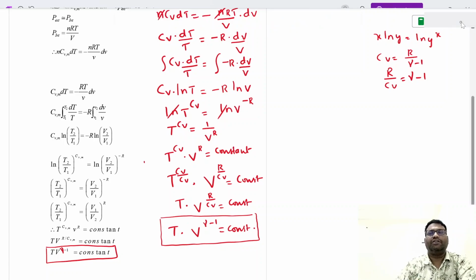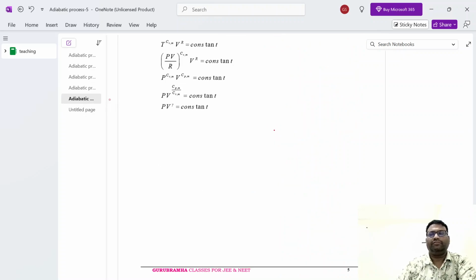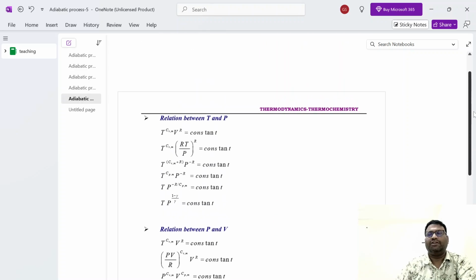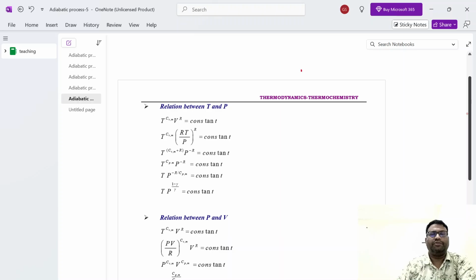Next, let us see. Now only we have seen that T into V power gamma minus 1 is equal to constant. This we have derived.